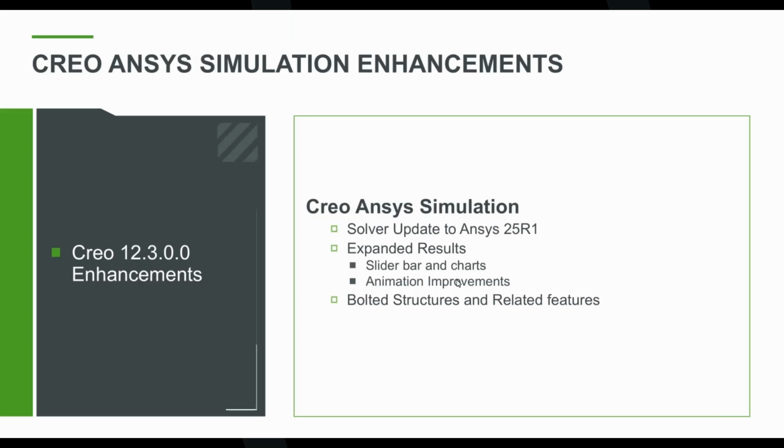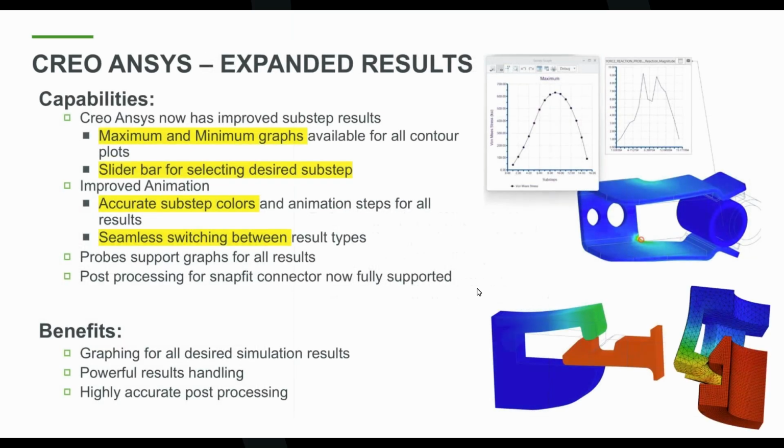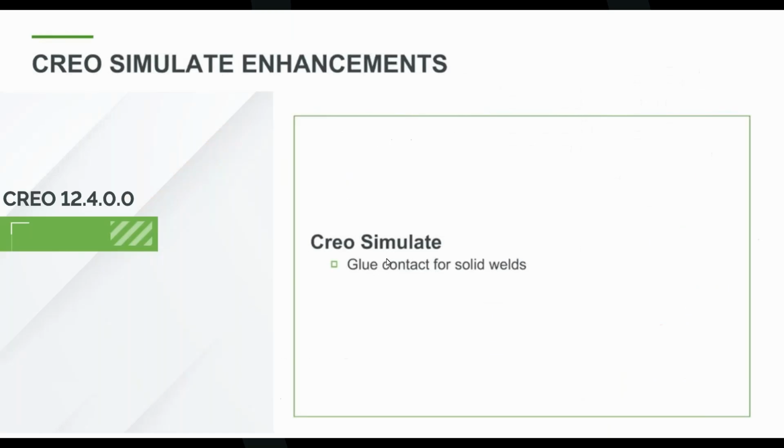So we can now have the expanded results, slider bar and charts, animation improvements, and bolted structure and the related features. Here, just expanded results: we've now got the graphs, the slider bar, and accurate sub-step colors. So when we run through this simulation, we get the accurate colors and an accurate graph. This is all part of the Creo ANSYS capability.